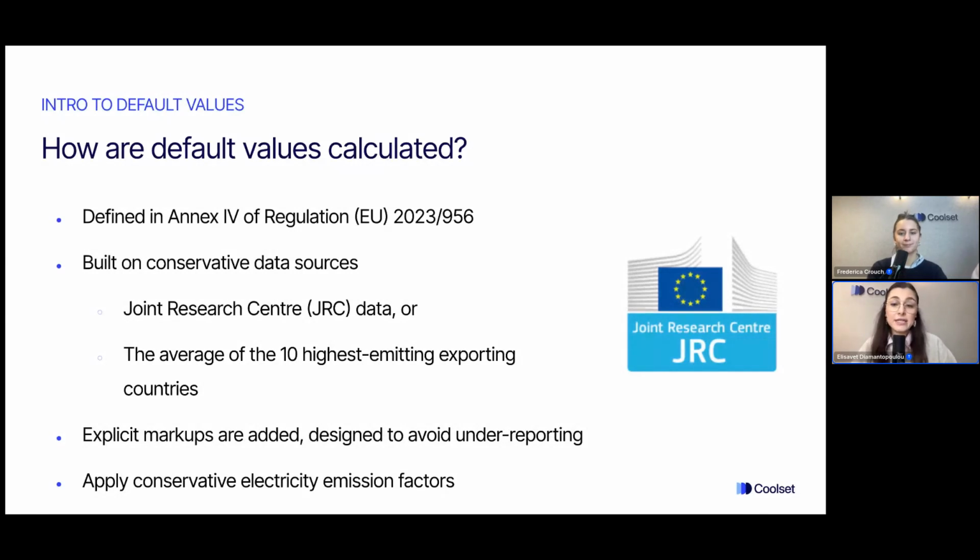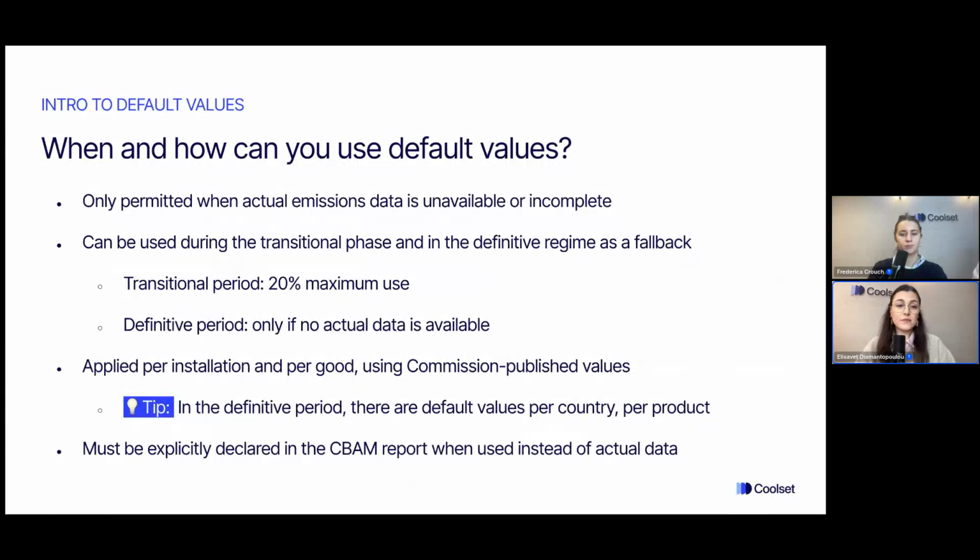And for indirect emissions, we also see that they use more conservative electricity emission factors. So even in case your suppliers use renewables for electricity, this will not be reflected in the data. And all of this is intentional. The idea is that we keep this setup safe with these conservative fallbacks.